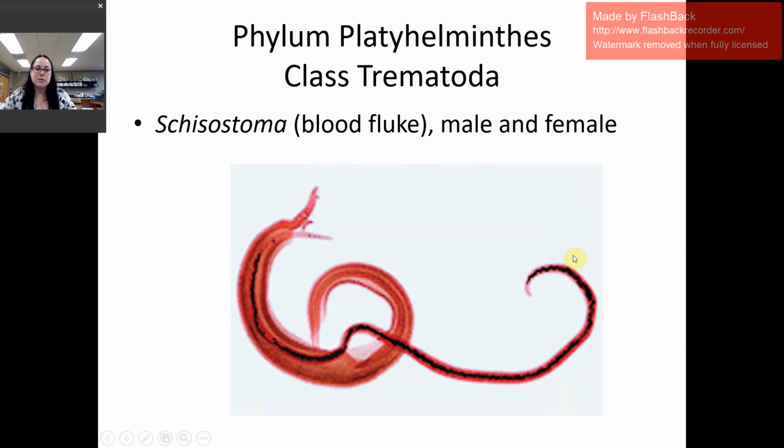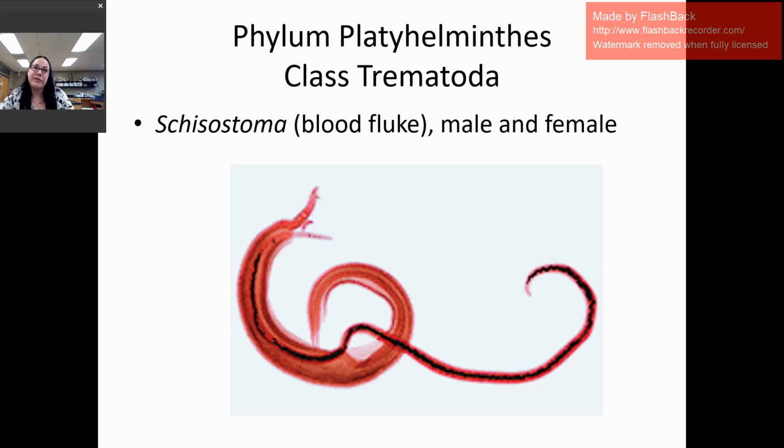Okay. The next one is a little bit different. It's still a flatworm. It still belongs to the class Nematoda, but what is different about schistosoma, the blood fluke, is that first they are smaller than the one before. They don't attach to a specific organ, but they live in the blood.